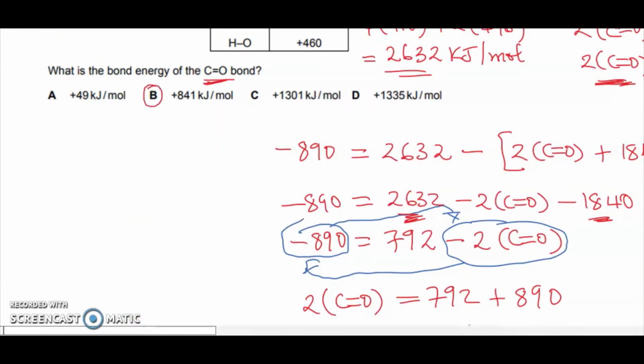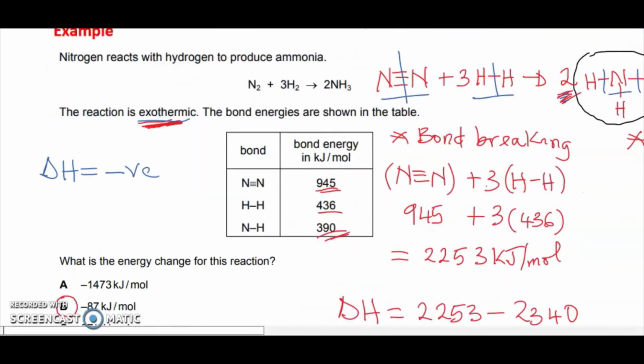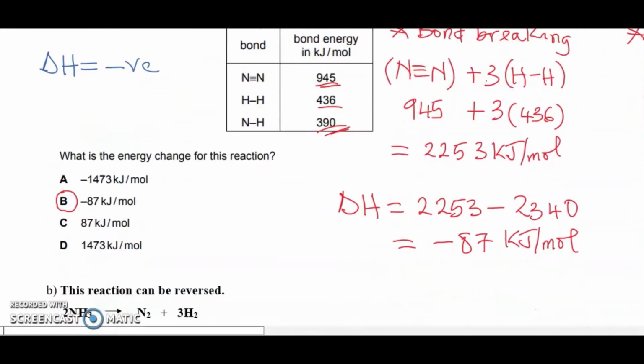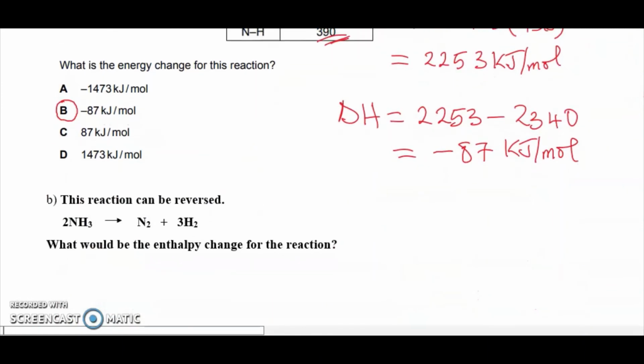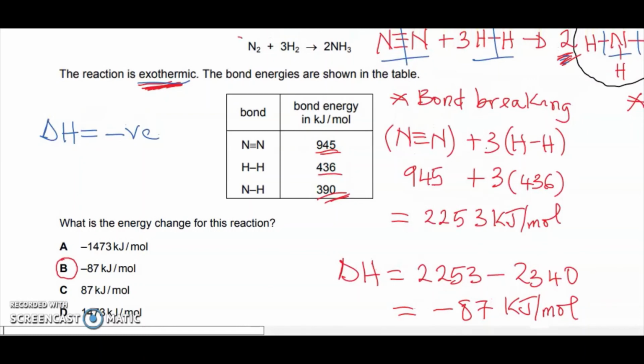So that's it. You see how easy it is to calculate enthalpy of reaction using bond energy values. And even before that, let's take a look at the example we solved earlier on. Remember this example? Now, in this example, when we calculated the energy change for a reaction, the value was negative 87 kilojoule per mole. This was the reaction, nitrogen plus hydrogen to give us ammonia.